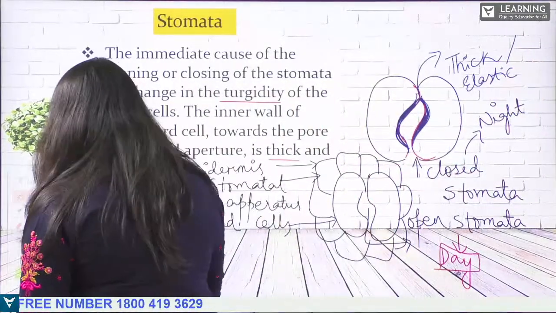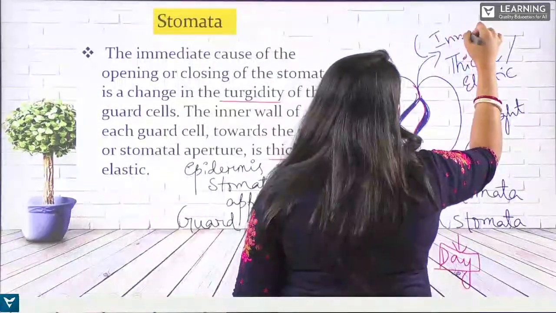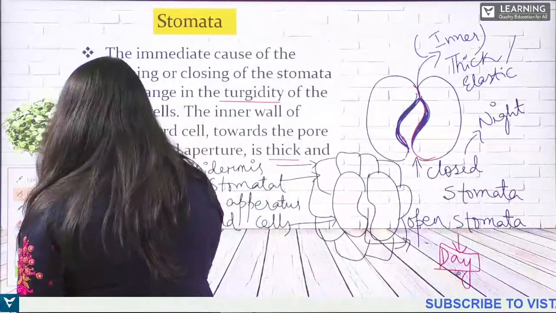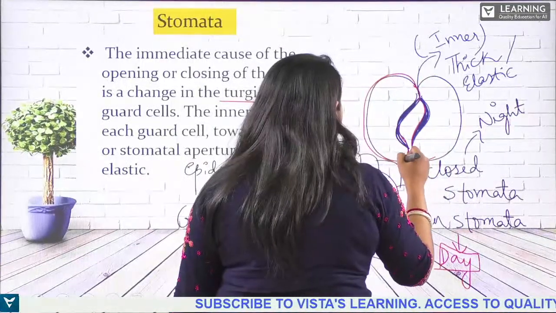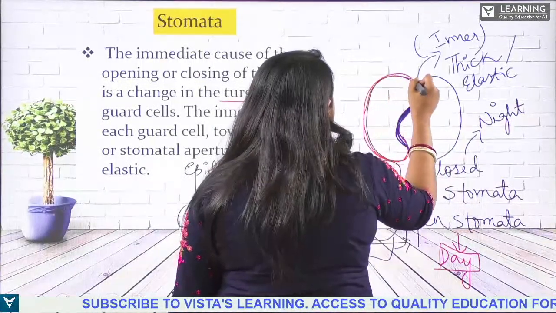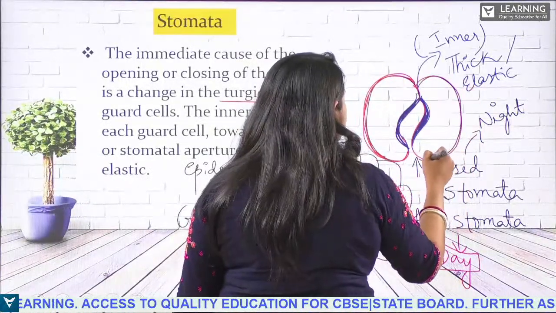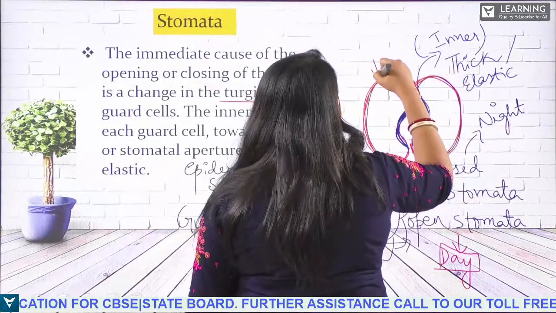Whereas the outer walls, these are the inner walls of the stomata. Now, what about the outer walls? These are the outer walls of the stomata. These are the thinnest, the thin walls.